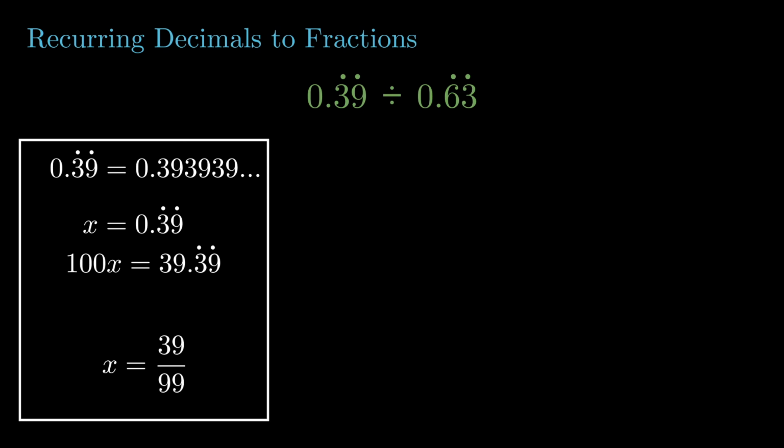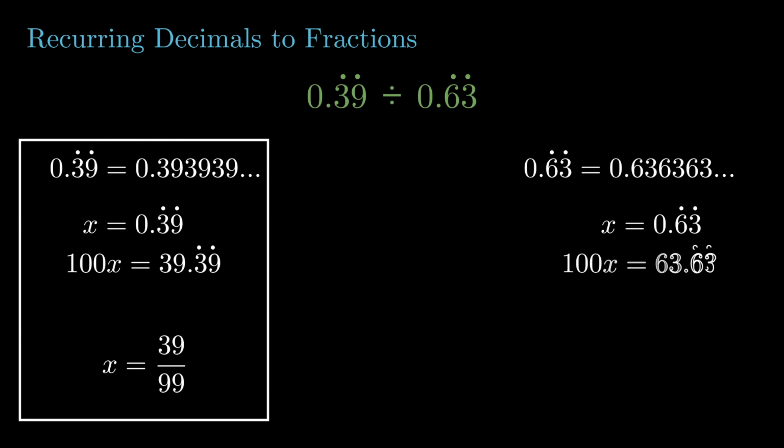Now moving on to the right side, we can write 0.63 recurring is equal to 0.636363. And it's going to be the same procedure as the left side. We do x is equal to 0.63 recurring and then times both the left side and the right side by 100. So we get 100x is equal to 63.63 recurring.